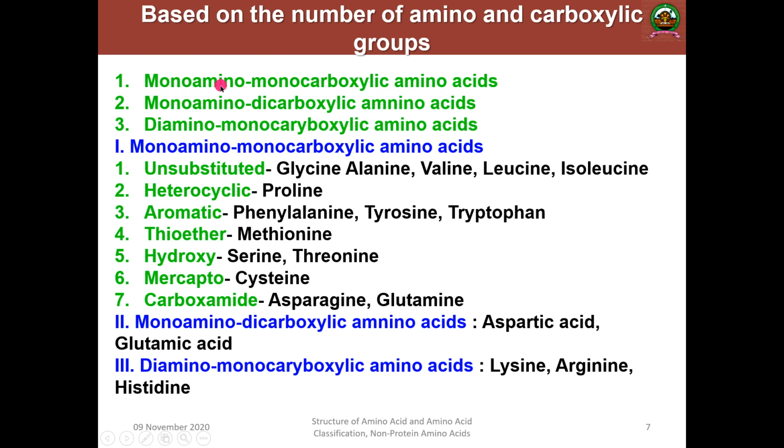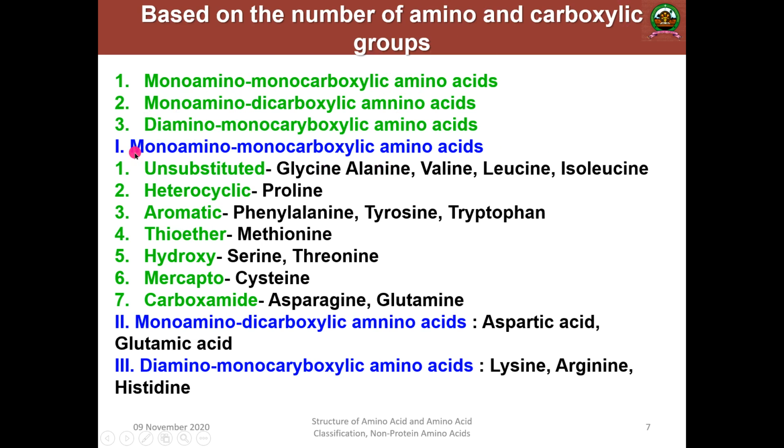Monoamino monocarboxylic amino acids have one amino group and one carboxylic acid group in the structure. Monoamino dicarboxylic amino acids have one amino group and two carboxylic acid groups. Diamino monocarboxylic amino acids have two amino groups and one carboxylic acid group.